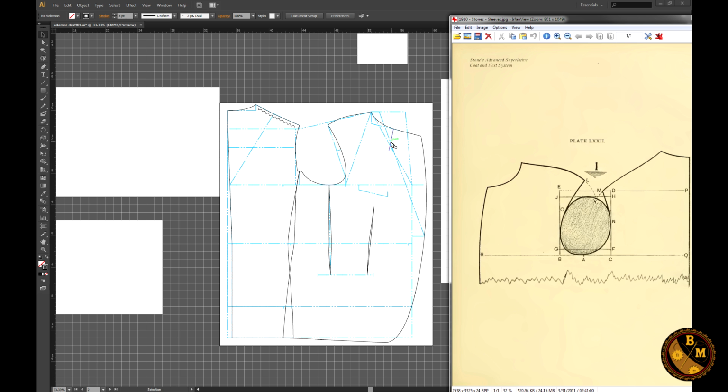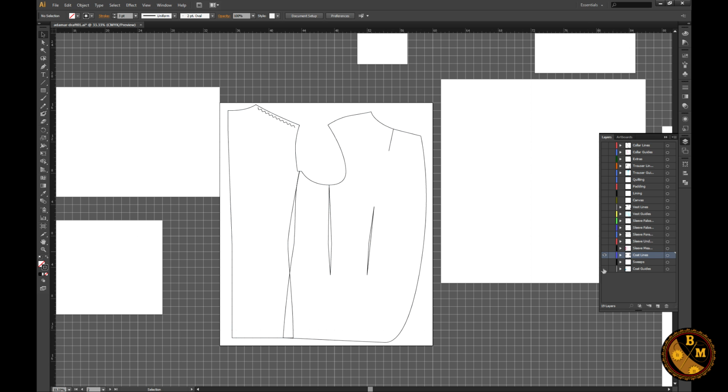So if you think about it this way, this solid piece of fabric here, in fact, let me take away the coat guides for a moment just to make it easier to look at. This entire piece of fabric is going to be the most prominent area where there's not going to be any cuts. So up here, this cutaway right here, it's a small one, and it's also optional.